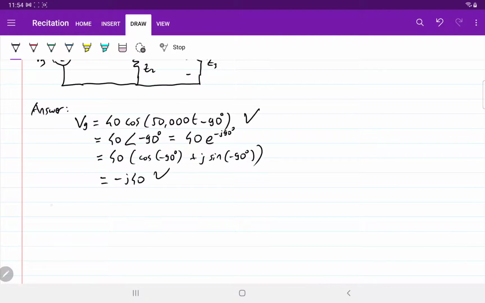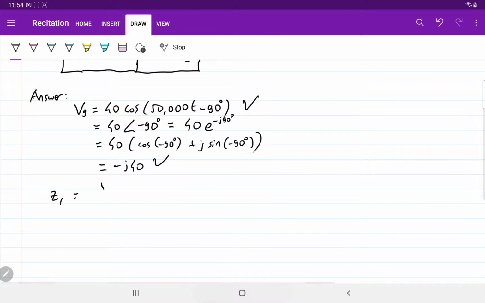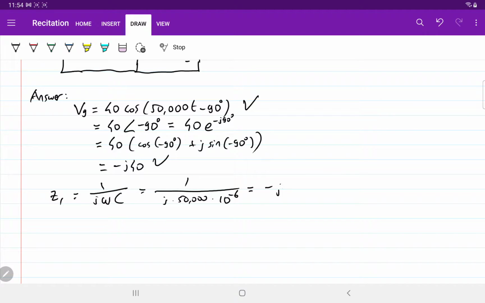Okay, now let's compute Z1. What is Z1? Z1 is 1 over j omega C, right? So 1 over j times 50,000, C is 1 micro, so 10 to the power of minus 6. You can compute this, it gives minus j20 ohm.